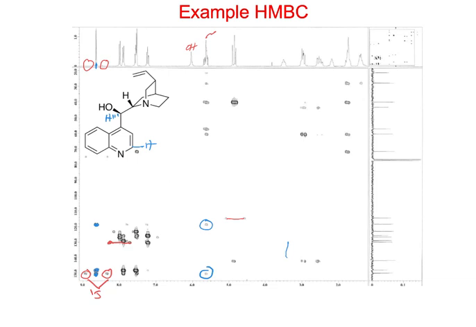So if they're doing 3 bonds, then it might be going to here and here. And it's also showing some probably over to here, which is probably, say, this one.